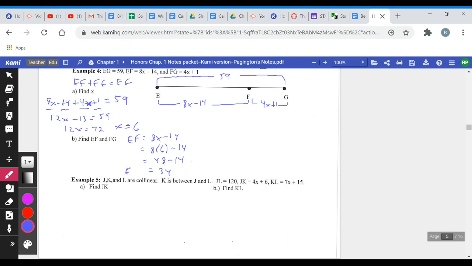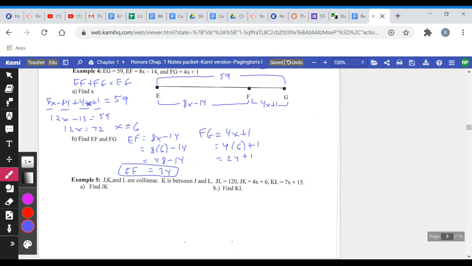And I always like to make sure I'm specifying in my answer, well, what is 34? I don't want to just circle a random 34. I'll make sure what that actually goes with. For FG, I have the expression of 4x plus 1. I now know what x is, which we just said is 6.